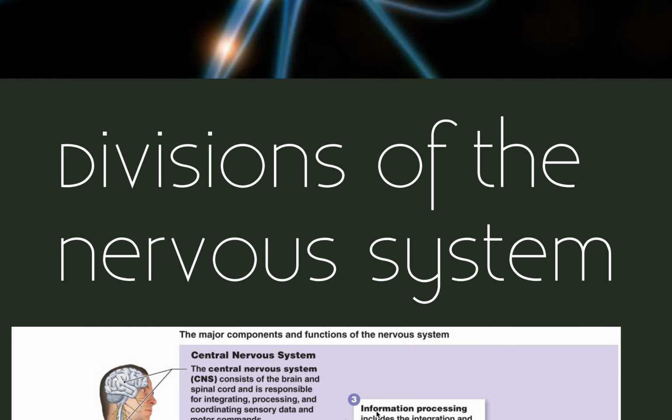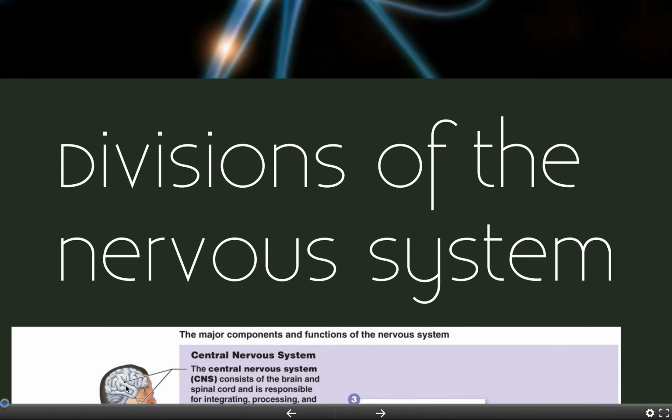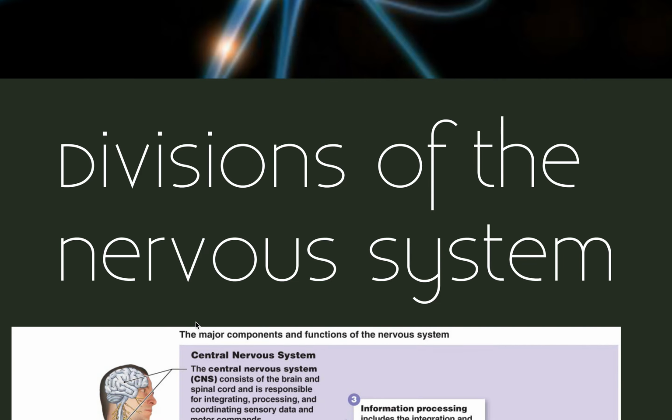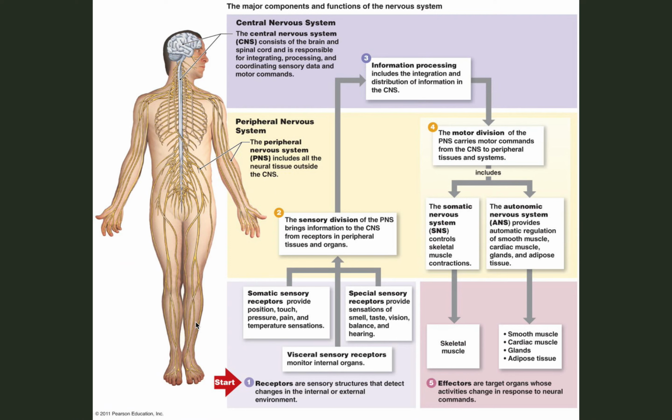There's two basic divisions of the nervous system: the central nervous system, which consists of the brain and spinal cord. As you can see here, there's the brain and spinal cord, and its main function is information processing. Then we also have the peripheral nervous system, which is everything outside the central nervous system.